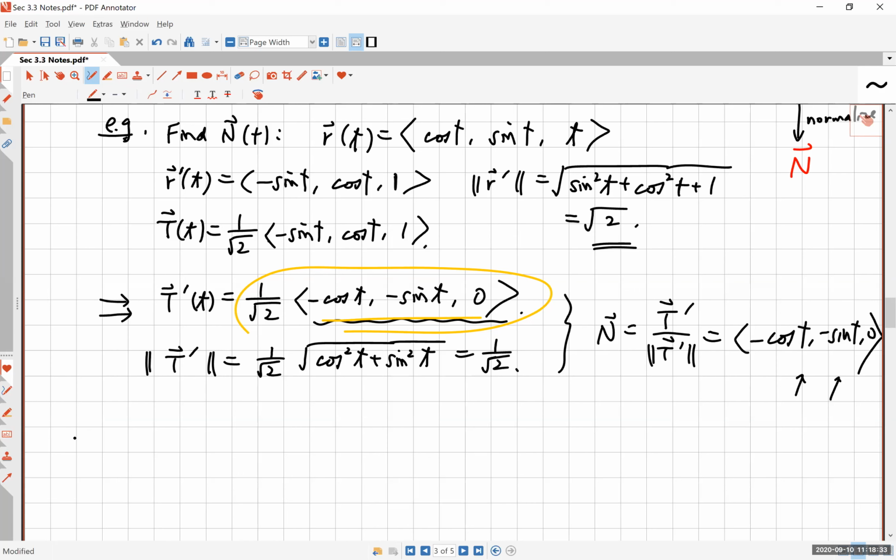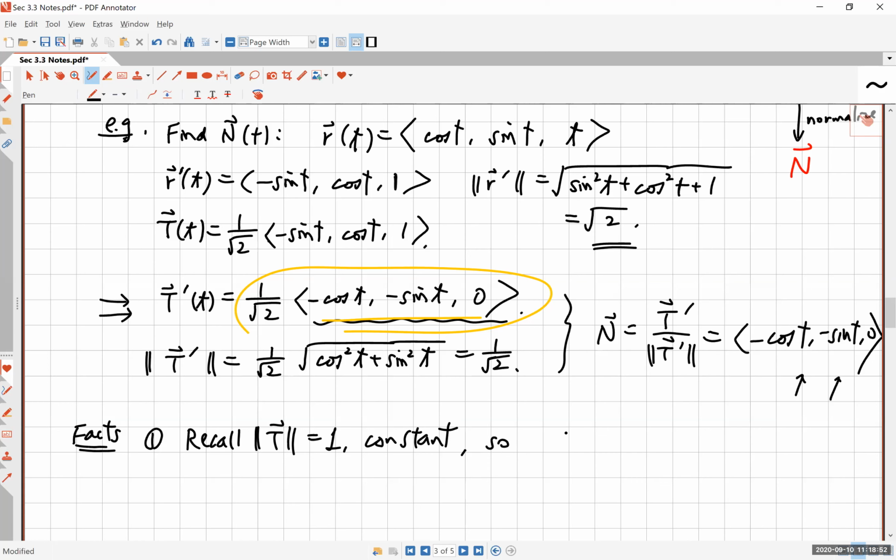All right, here's a very important fact. Number 1, recall T is a unit tangent vector, so it is a constant length function.